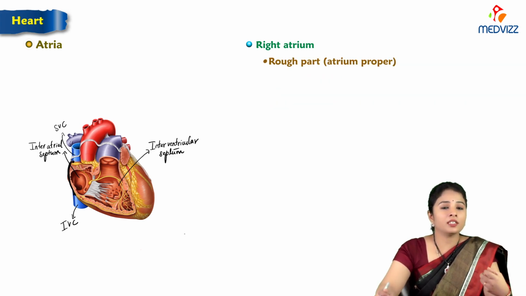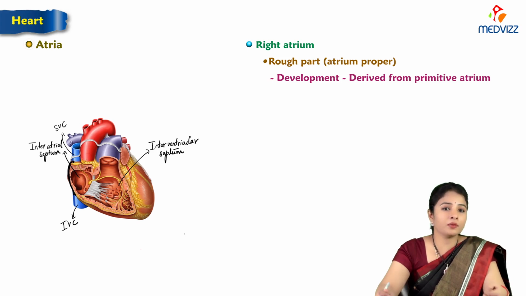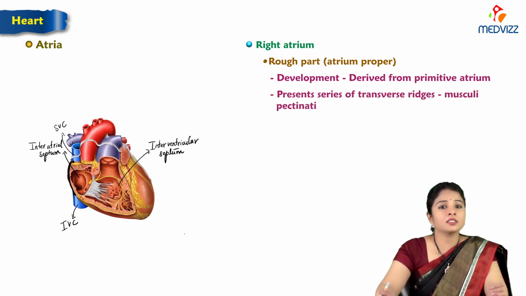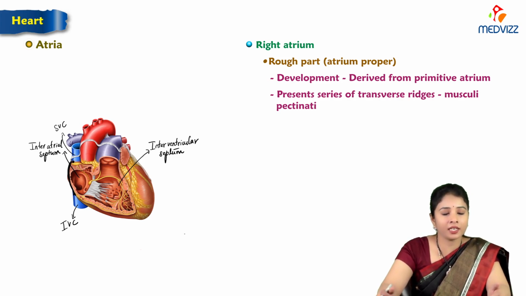And the rough part, the anterior rough part, which is called the atrium proper, is developmentally derived from the primitive atrium. It presents a series of transverse ridges called pectinate muscle or musculi pectinati. Pectinate means comb-like, so it appears comb-like. That is the reason it is called musculi pectinati, which arise from the crista terminalis.